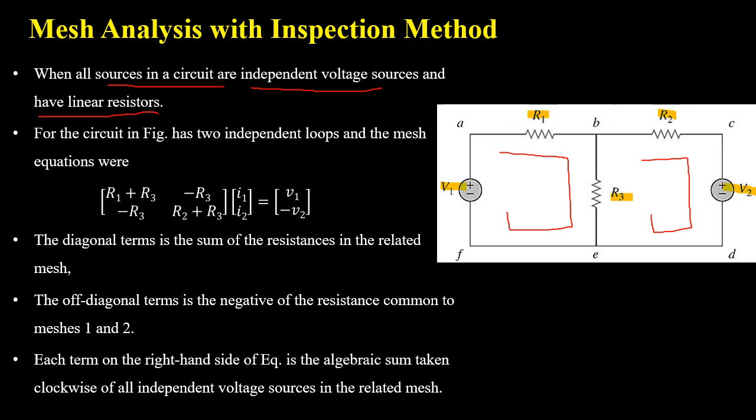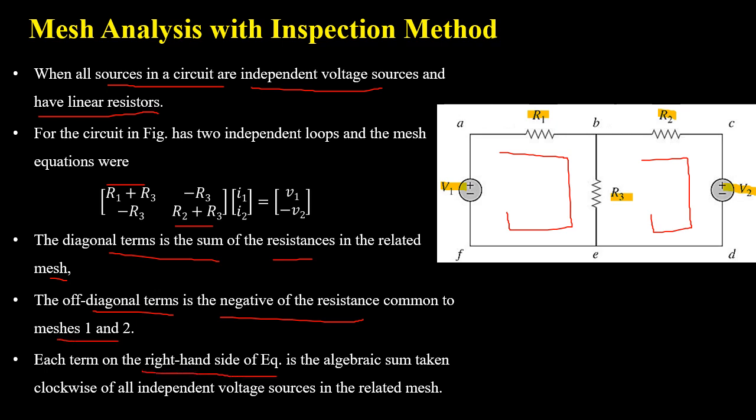Now both equations are given here in matrix form, and if you analyze these, the diagonal term in both cases is the sum of resistances connected in the respective mesh, and the off diagonal terms are the negative sum of resistances common to mesh 1 and mesh 2.